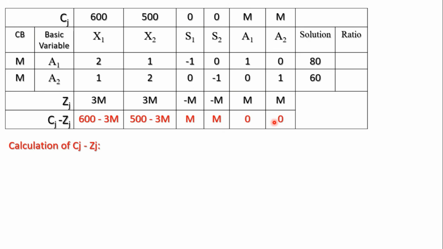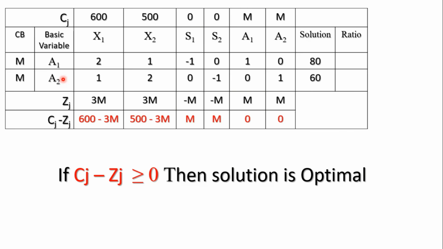This table is the first simplex table where we have solutions 80 and 60 for basic variables a1 and a2. If these solutions are optimal, then the condition to be satisfied is Cj minus Zj should be greater than or equal to 0.